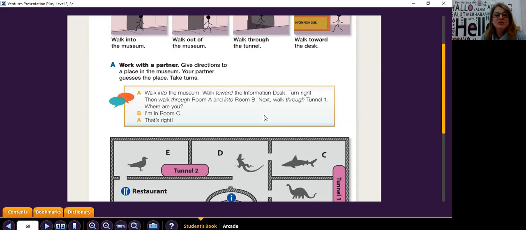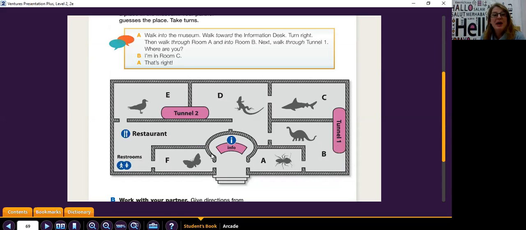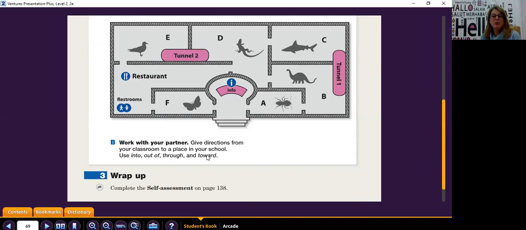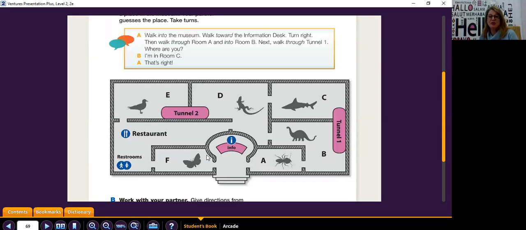All right. So this should be kind of interesting because I am going to have another conversation with myself, but we are supposed to be working on giving each other directions. So if I did this correctly here, I would say, okay, if you walk into the museum and go left, where are you?